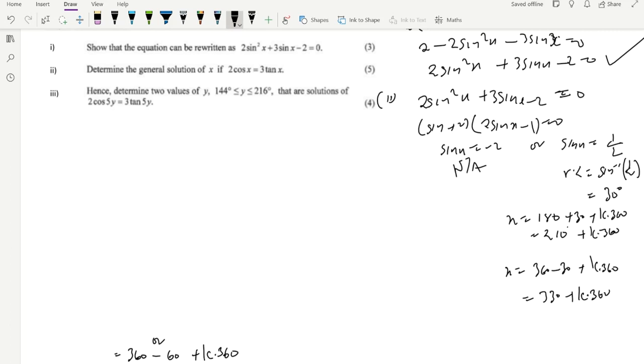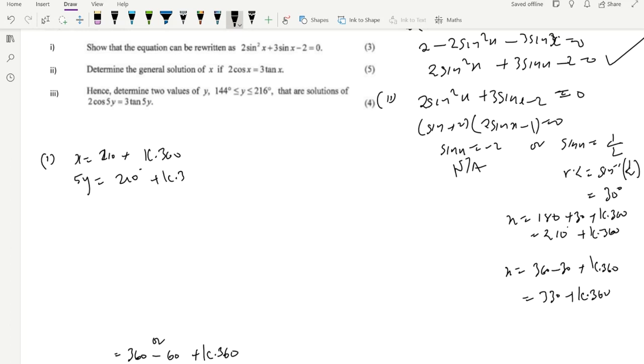We have cos, but instead of x now, it's 5y. Again, we have 3, we have 3, we have tan, again instead of x, it's 5y. It means I can just jump to this final answer, which is x equal to 210 plus k 360. Instead of x, I need to have what? 5y.